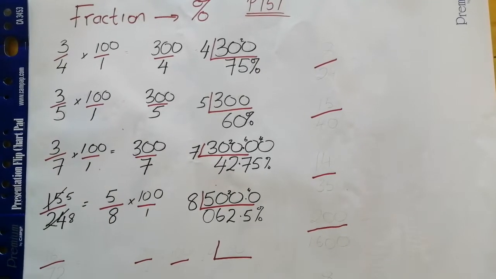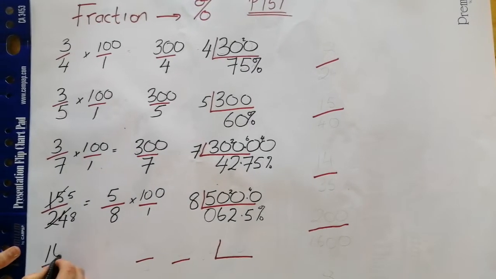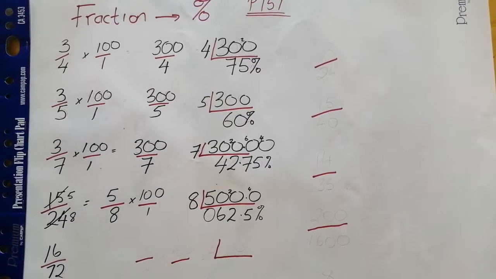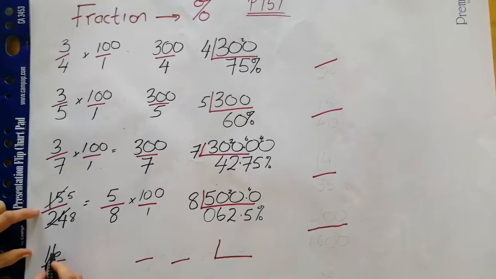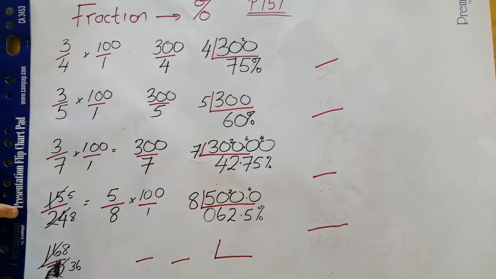Next one, same thing. We're going to go with 16 over 72. And that has to be simplified down. Just in case you don't know, if they're both even numbers, we can always go with 2 and just keep breaking it down. 8 over 36, we can go again and make 4 over 18, or go again, and that gives us 2 over 9.